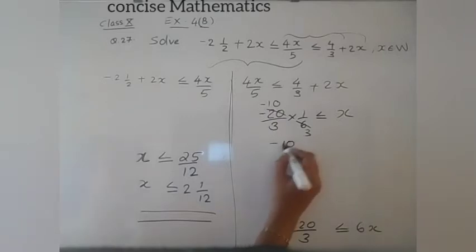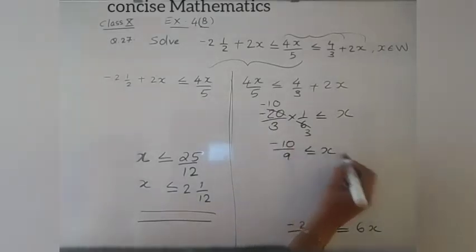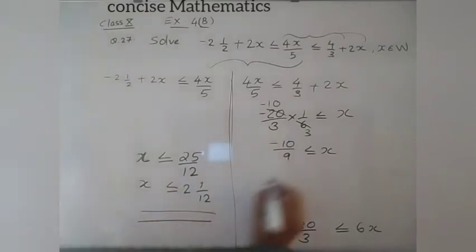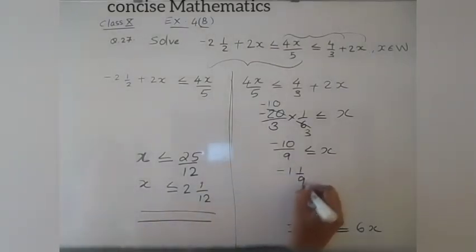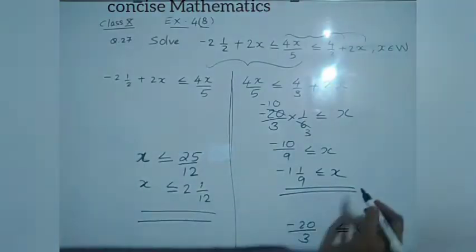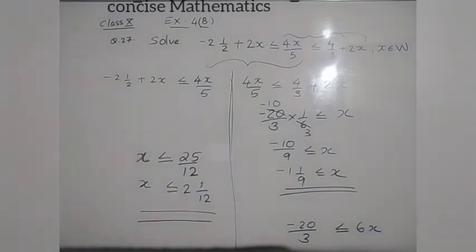So negative 10 by 9 less than or equal to x, or you can write negative 1 1 by 9 less than or equal to x. Thus we got the lower limit also. The upper limit was already calculated and now we have obtained the lower limit.